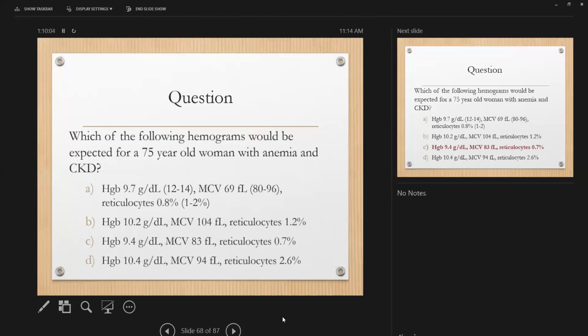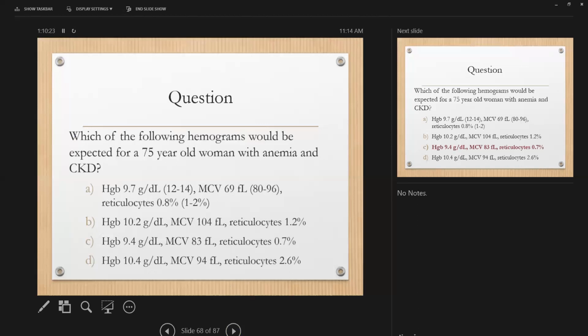Would the MCV be low? Why would it be low? Well, it's the mean corpuscular volume. So it'd be microcytic anemia.